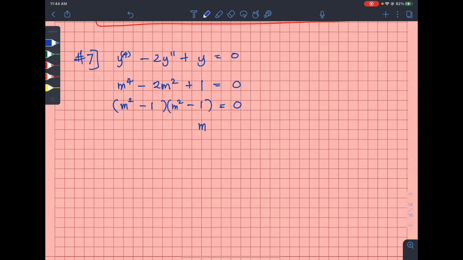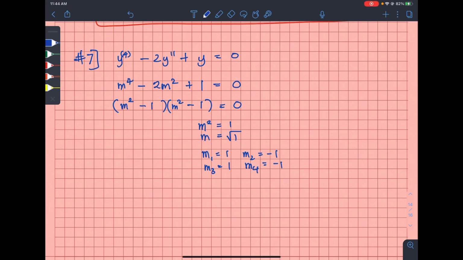So m squared would be equal to 1, so therefore, m would be, okay, the square root of 1, which is, I'll have m1 to be 1, and m2 would be negative 1. Pero the other one, it's still m squared minus 1, so therefore I'll have m3 to be equal to 1, and m4 to be equal to negative 1.